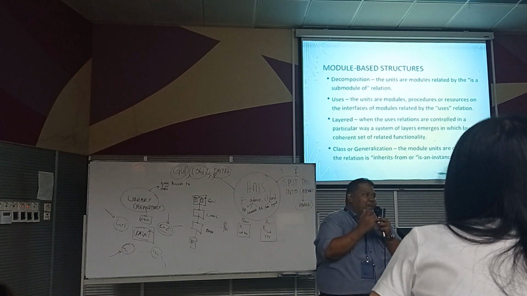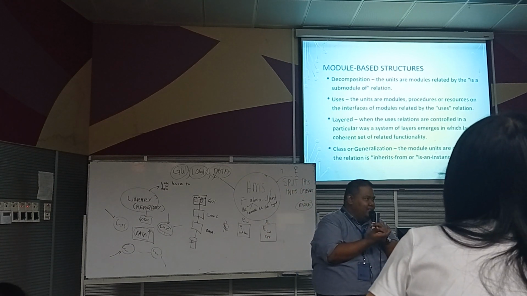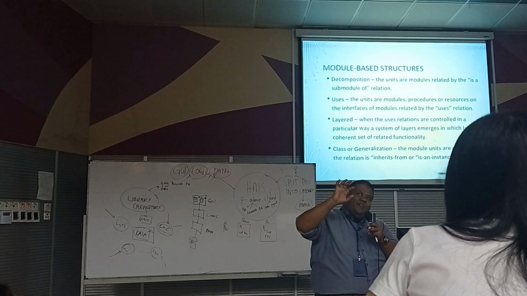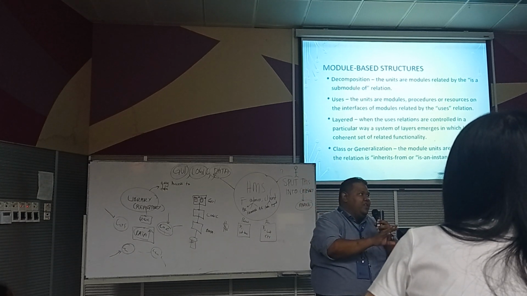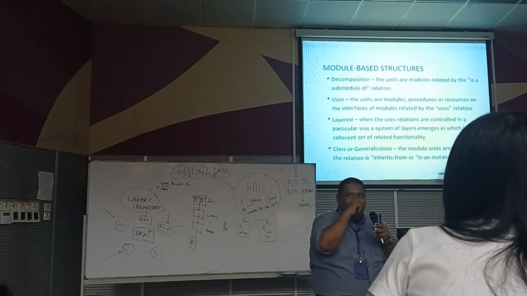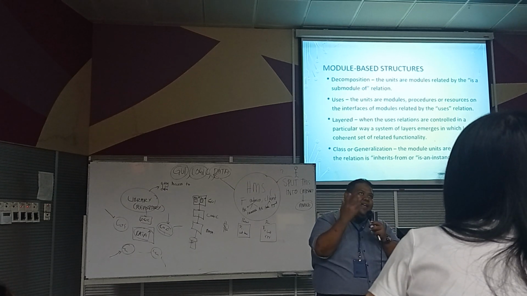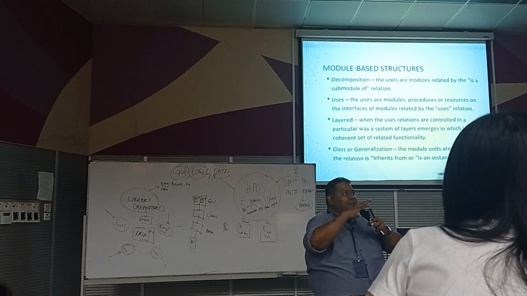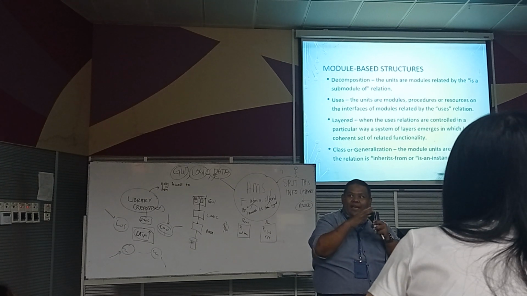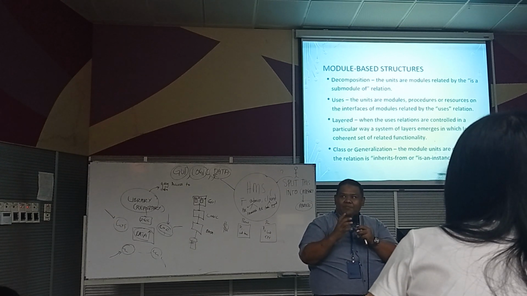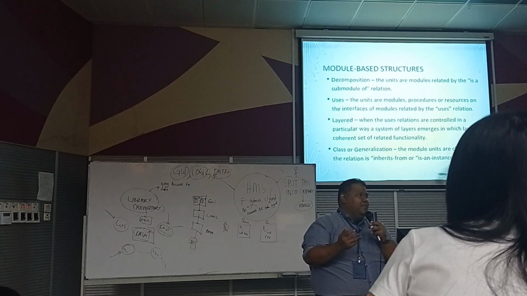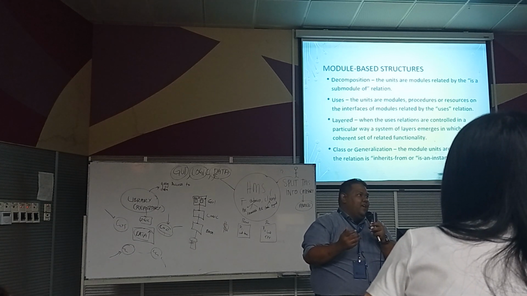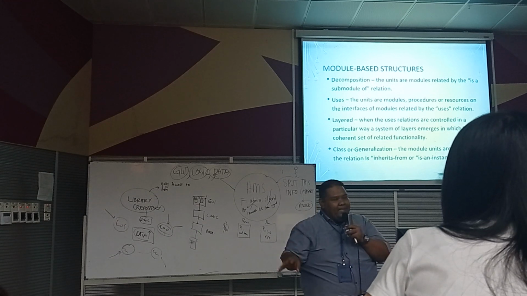Module. So when I want to create a software architecture, first, if I want to create a structure, one concept I can use is called module structure. What is a module structure? Any category of item that has a certain behavior, and that behavior can be replicated.